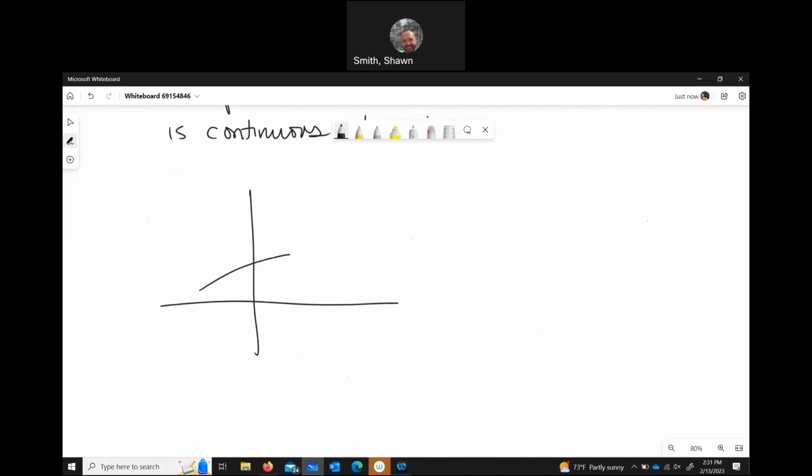If I have something like this, here's a piecewise defined function. Many of them are not continuous, right? Such as that. So this is not continuous at a.